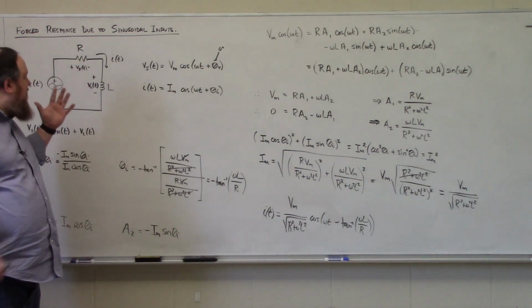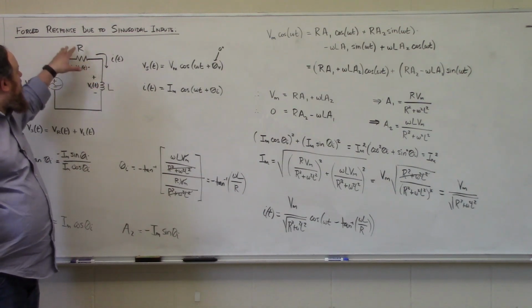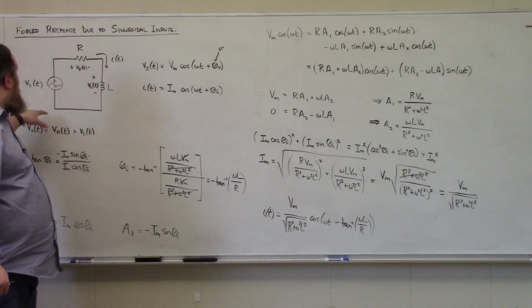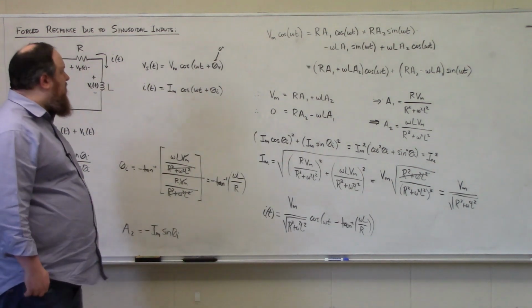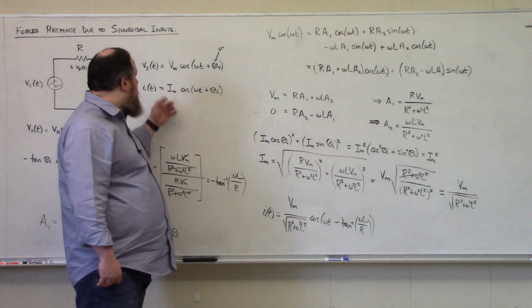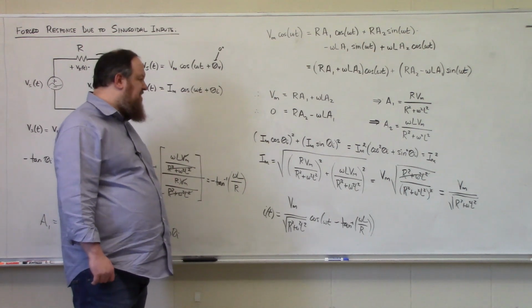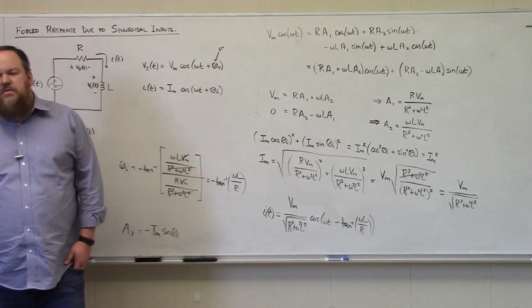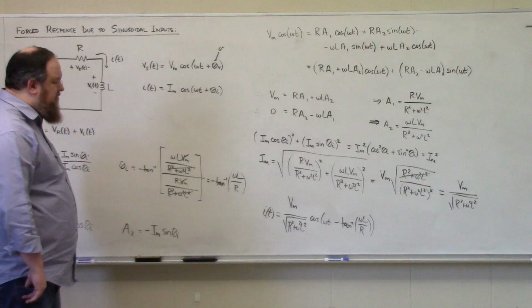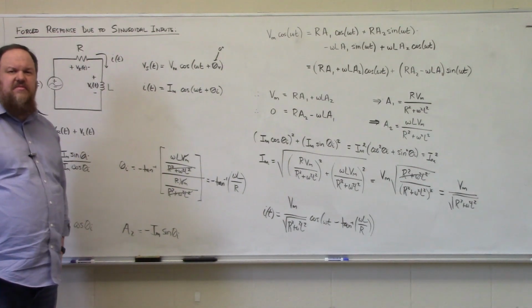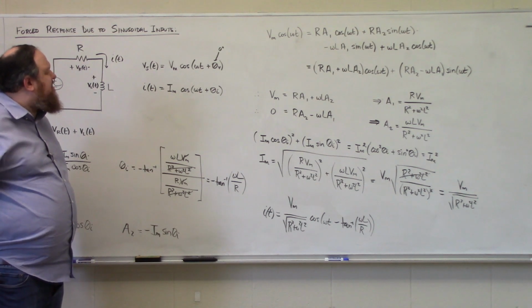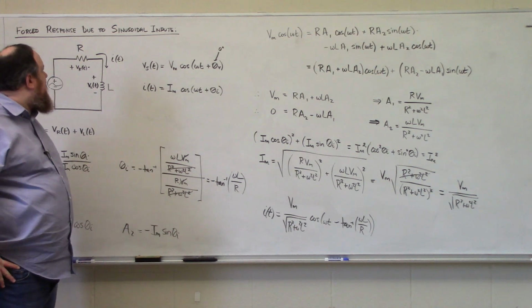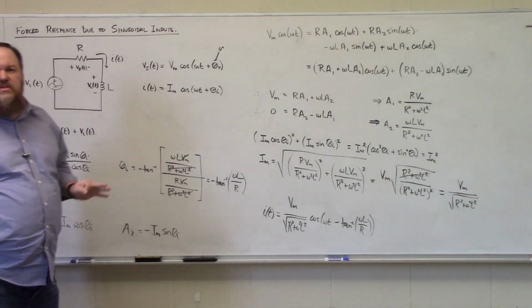We now have figured out, based on these circuit parameters of R, L, and the magnitude of the voltage that is applied, that we can determine the current. We can determine the magnitude of the current, and we can determine the phase angle of the current. The problem that we're facing here is that we just did a bunch of rather difficult math using multiple trig identities to get the result for an extraordinarily simple circuit.